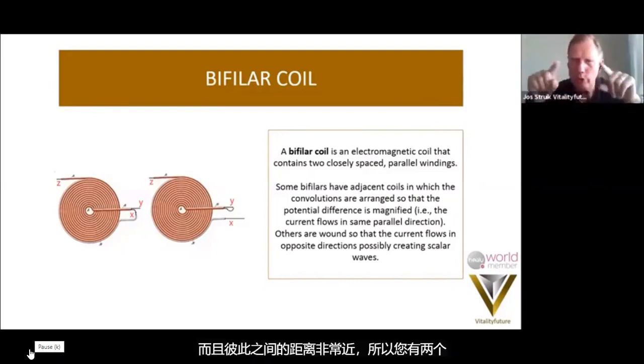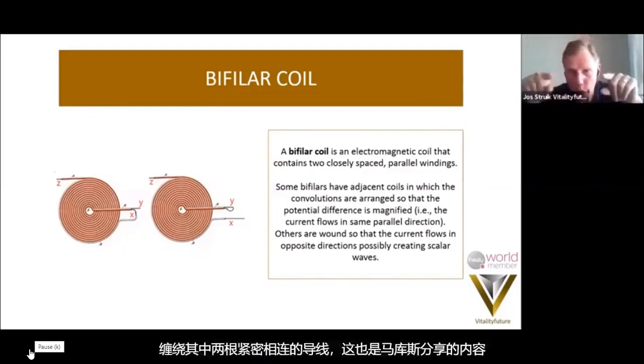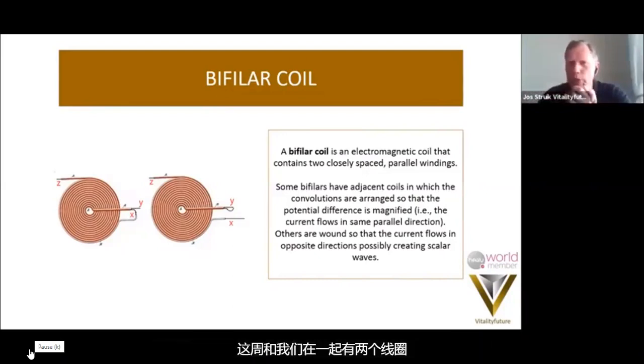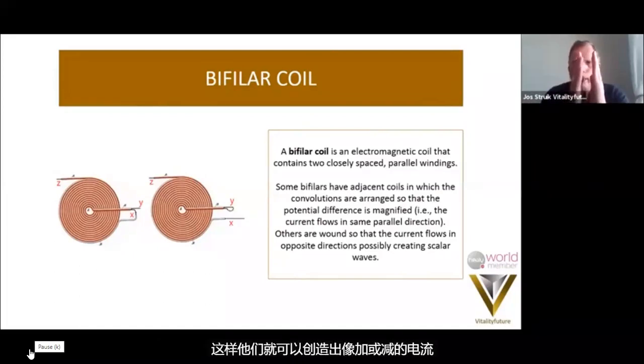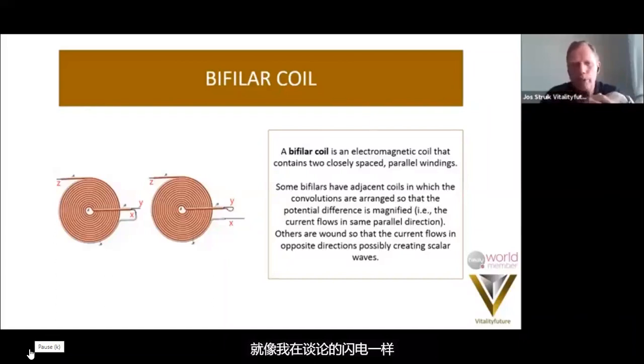So you have two of those coils, two wires closely connected. That's also what Marcus shared with us this week. There are two of those coils closely together, and they have different polarities, and they create that current. It's like plus and minus, a difference. It's like the lightning I was talking about. So these two coils create a current in between.